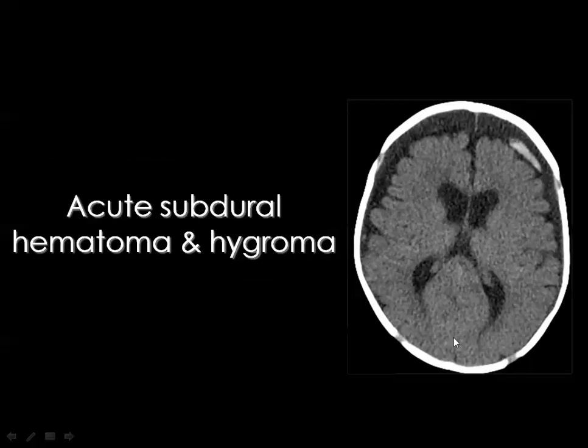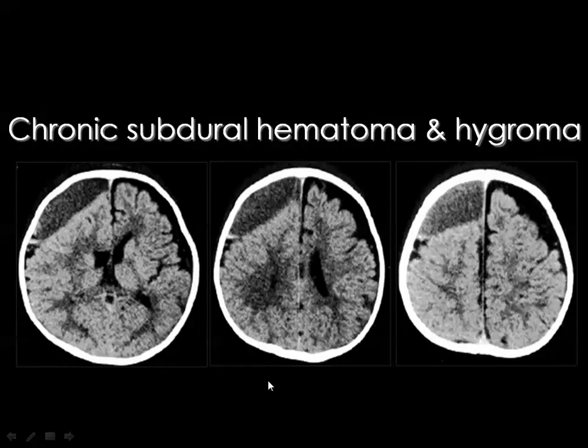And this is hygroma and the hematoma. There is CSF collection in both frontal areas and a small amount of blood in the left frontal area, denoting hygroma and hematoma. If the hematoma is in the chronic phase, it will appear black or hypodense to the brain parenchyma.